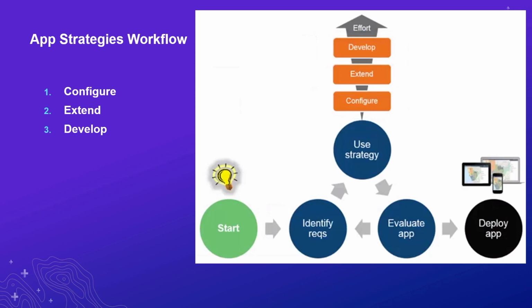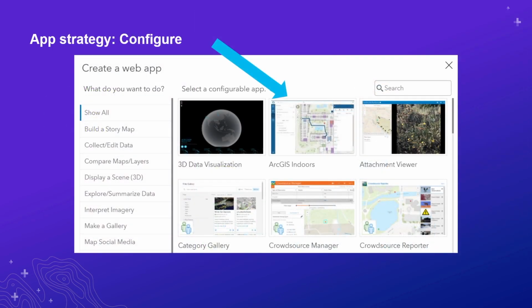So that's the workflow, made possible because Esri provides a large collection of configurable apps, several app builders, and dozens of reusable widgets. Let's take a quick look at what's available for an indoors app. For the first strategy, Esri provides a configurable ArcGIS Indoors web app that will appear in the list of web app templates for an ArcGIS Indoors licensed portal.